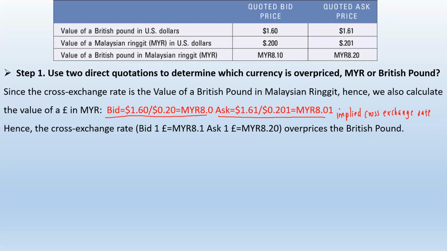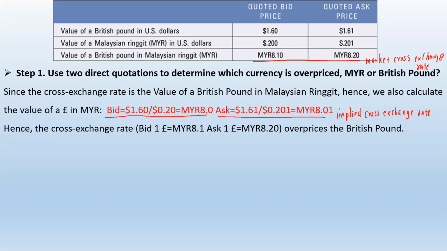Then we need to compare it with the market cross exchange rate. And we find that compared to the implied cross exchange rate, the British pound is overpriced in the market.